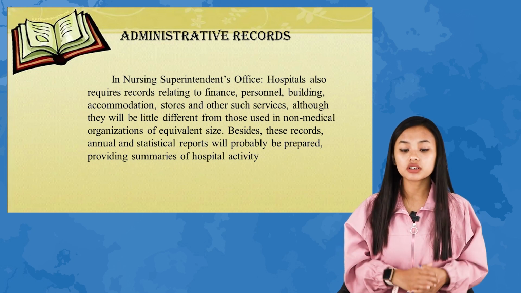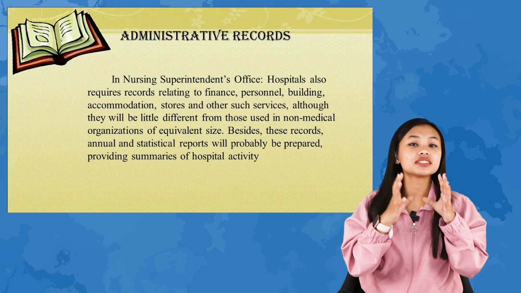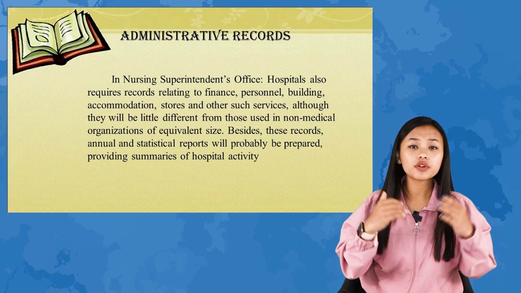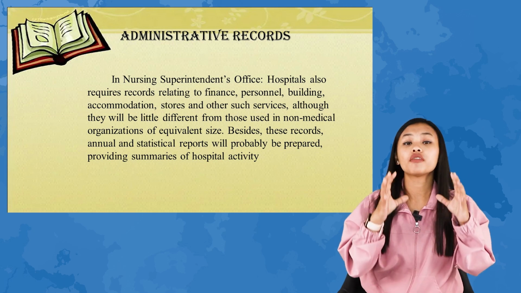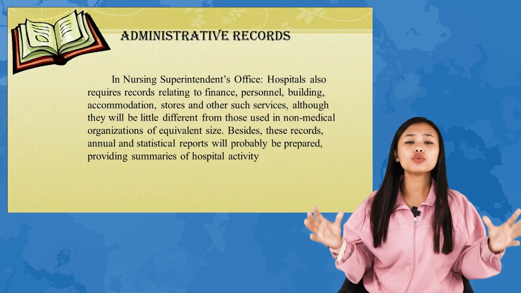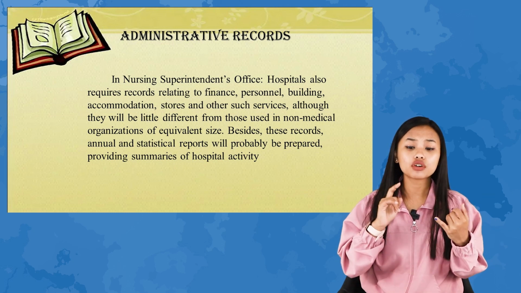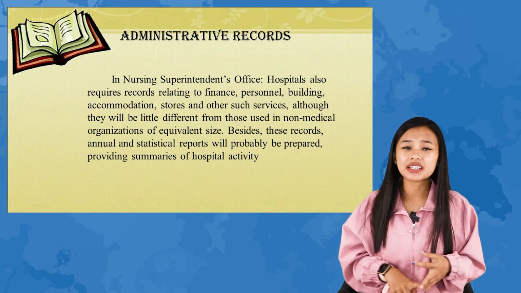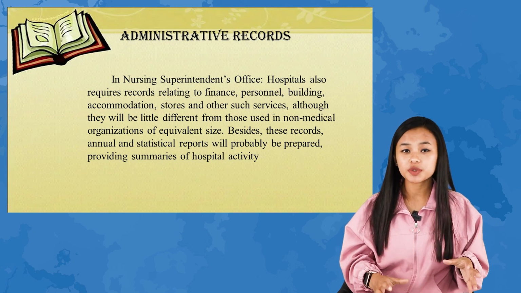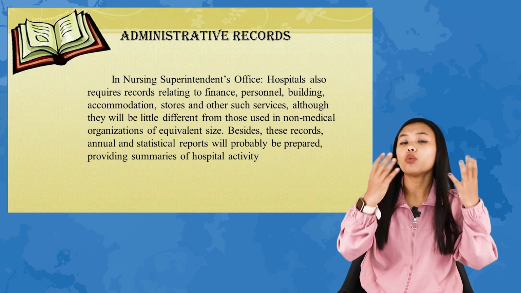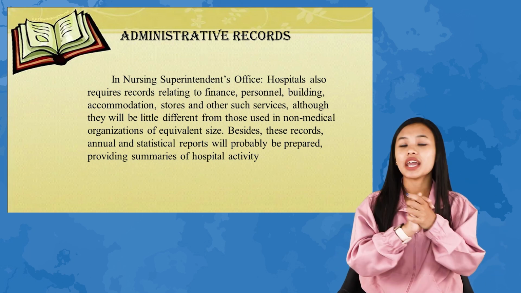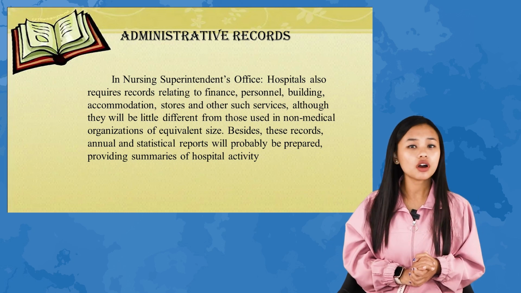Besides these records, annual as well as statistical reports will probably be prepared, providing a summarization of the hospital activity. So in the administrative record, you will not only have a record of the accommodation, stores, buildings, finance and personnel of that particular hospital, but it will also help in providing a summarization of whichever activity has been going on in that hospital.